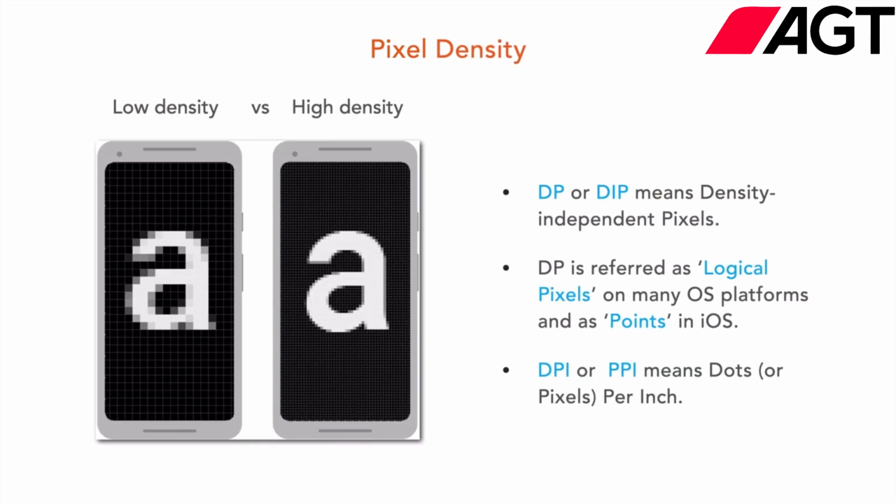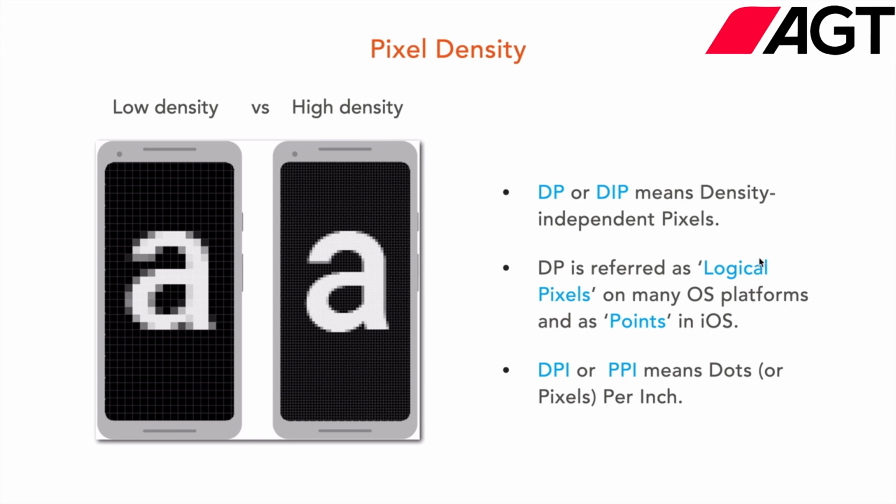So pixel density, what is pixel density? Pixel density means the number of pixels tightly packed in a space. So typically we use notation like dp or dip, which simply means density independent pixels. dp is a unit that is also called by different names on different platforms.